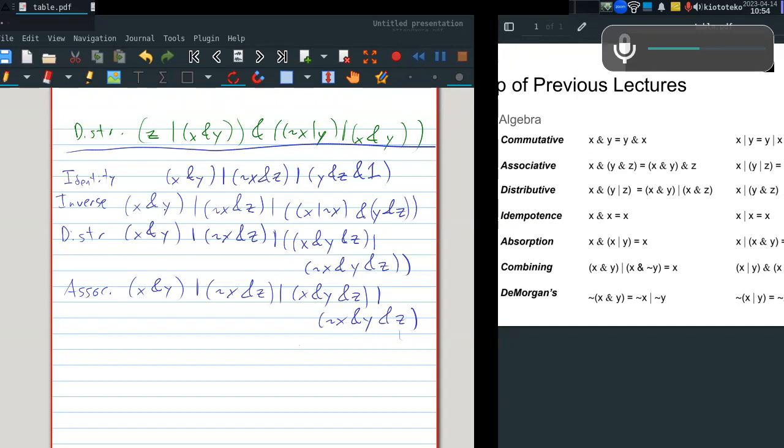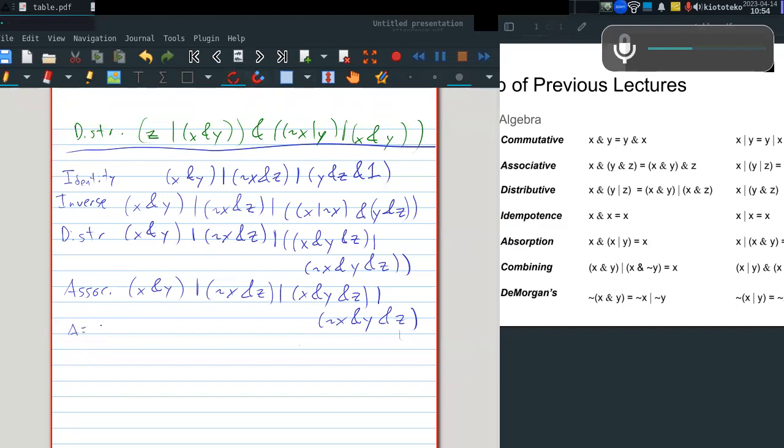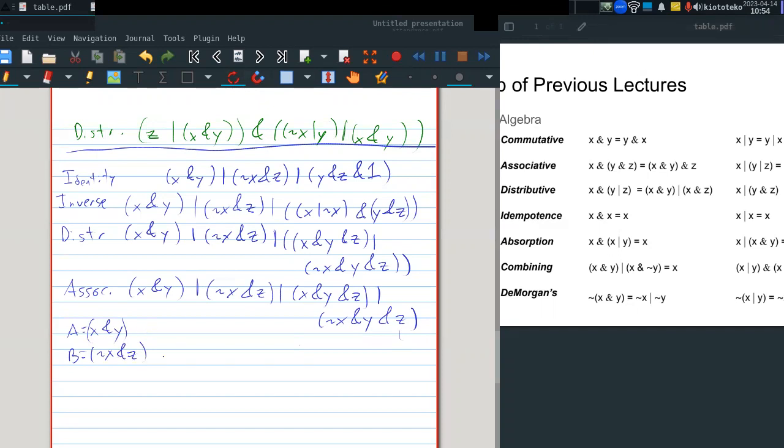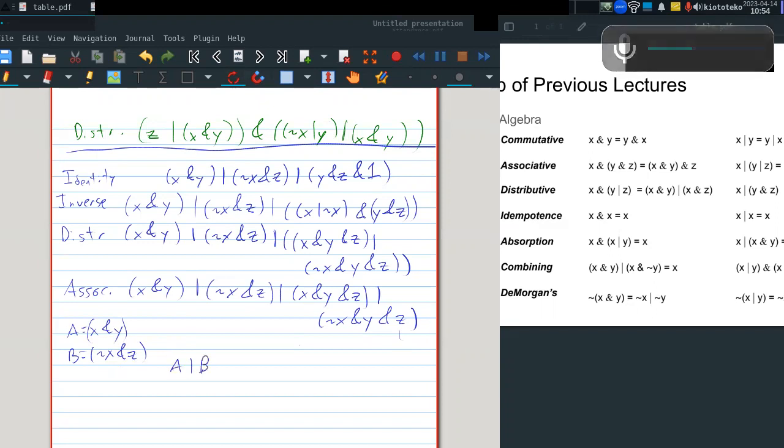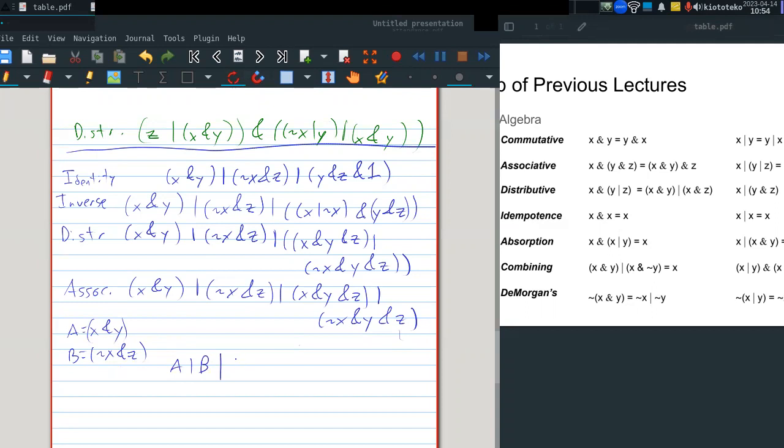Again, let's just do a variable substitution. Let's say a is equal to x and y. And let's say b is equal to x and z. So we have, let's rewrite this as a, b, and this is a and z, and this is b and y.